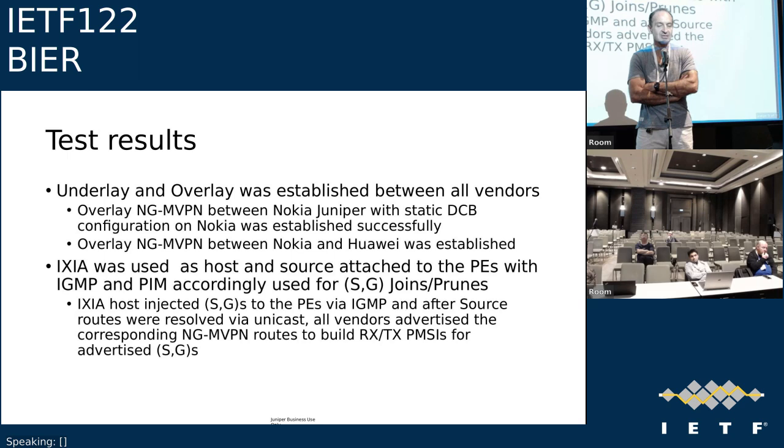Since Nokia and Huawei were using upstream assigned, we were putting value 2 in the next protocol of BIER, while Juniper, which was supporting the RFC fully, was using a downstream assigned label and putting value 1 in the BIER next header.